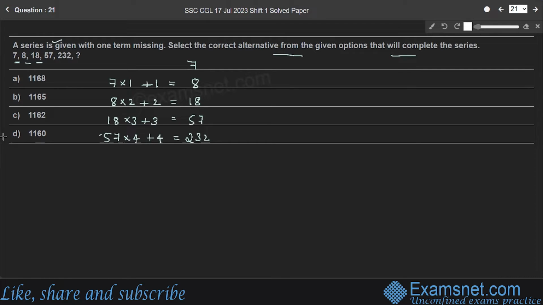In the same way, to get the next number, 232 into, here the multiplier should be 5. 232 into 5 plus 5 gives 1160 plus 5, which is 1165. Therefore, the last number is 1165. So option B is the right answer.